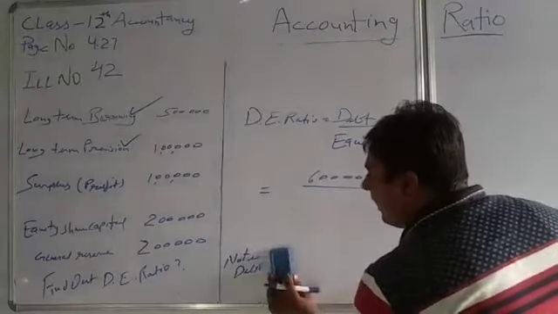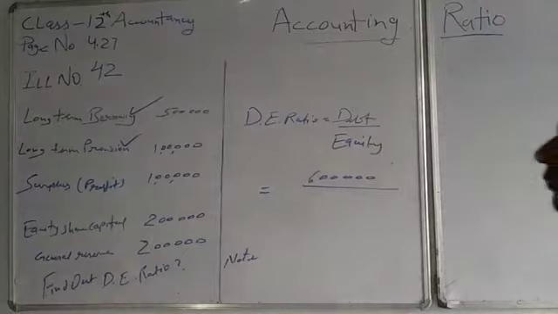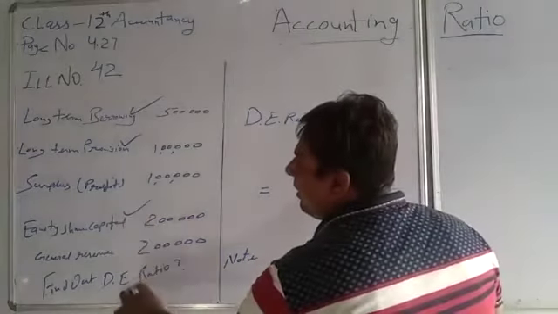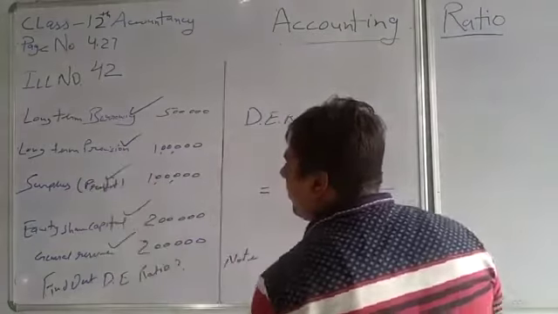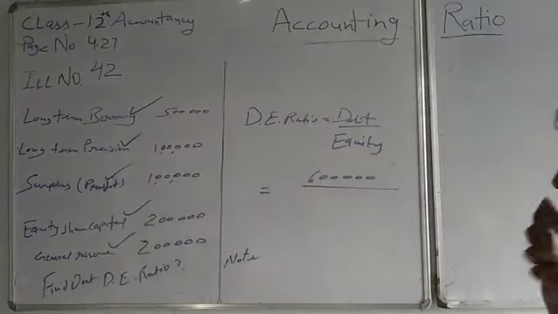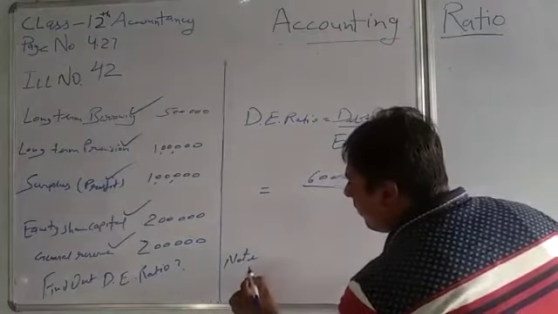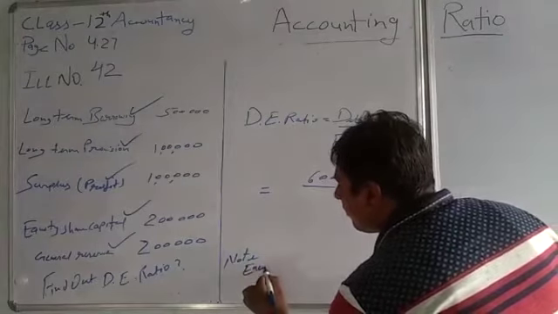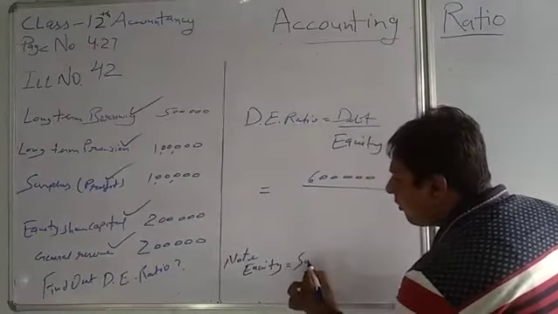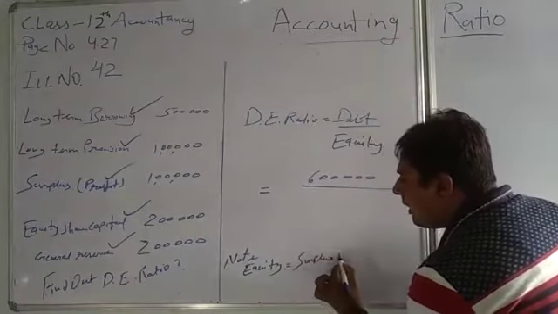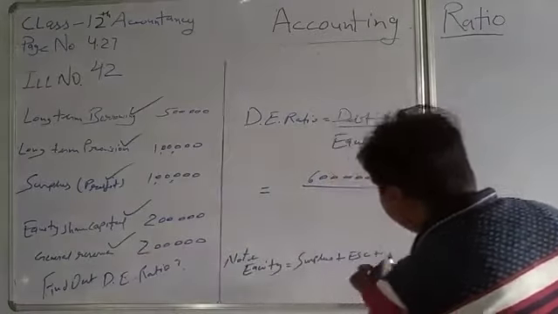Now, how to find the equity? Share capital, general reserve, and surplus. Surplus is also profit. So, for equity: surplus, equity share capital, general reserve.